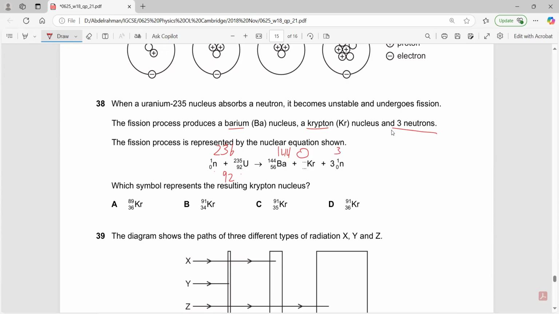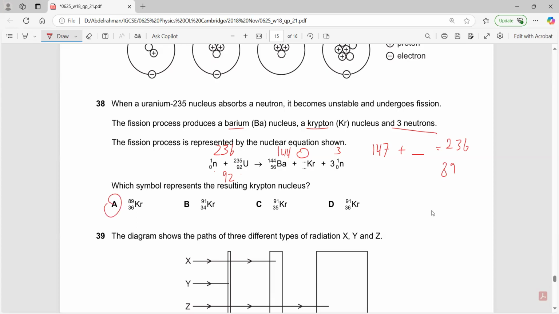So a total of 147 plus something would give you 236. 236 minus 147 gives you 89. The only mass number 89 is krypton 89.